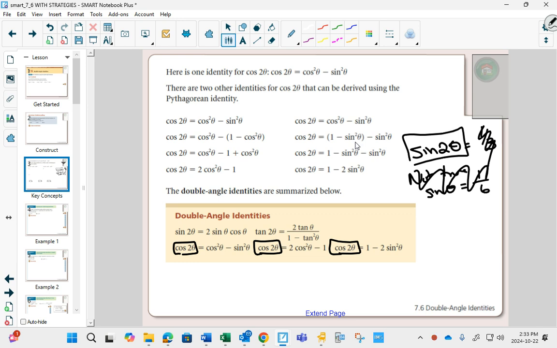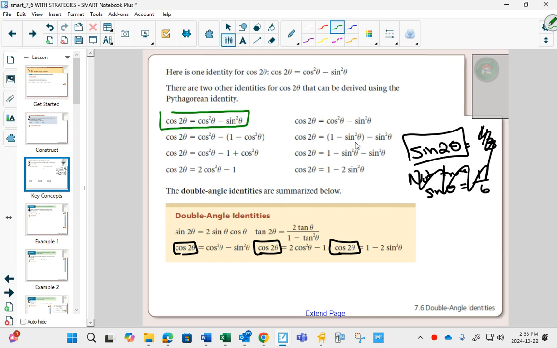The reason they're all exactly the same, meaning they mean the same thing, is that they're easy to derive one from the other. For example, you can see this in your notes at the bottom of page 653.